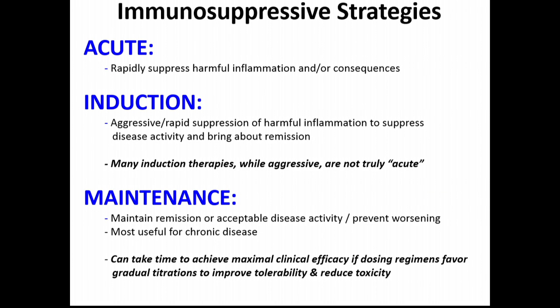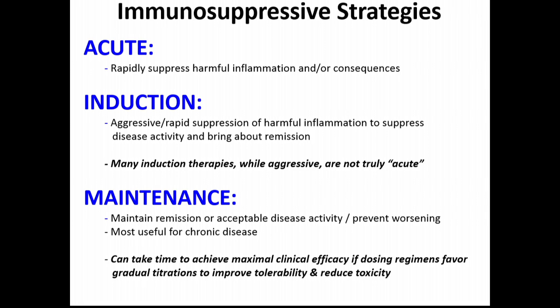So if you think about this like an oncologist or a rheumatologist, what we're really trying to do is treat people quickly, that's acute therapy, to rapidly suppress harmful inflammation. I think it's important to recognize that a lot of drugs that are aggressive, cyclophosphamide, rituximab, are not acute. They don't work right away. So acute therapy means works quickly.